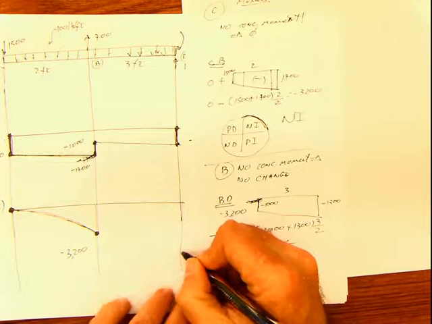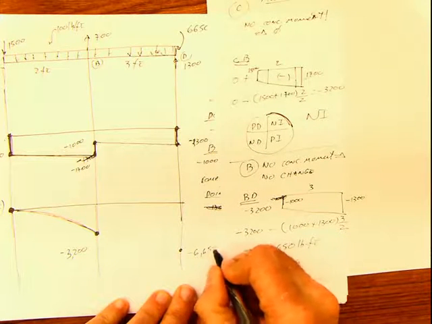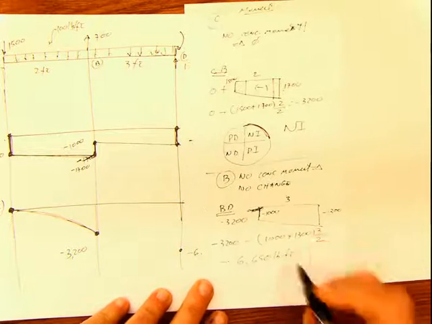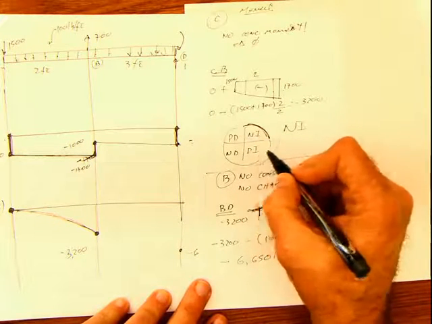So that means that we're going up to negative 6,650 at this point. Once again, please don't neglect infants, neglect dumb people instead.